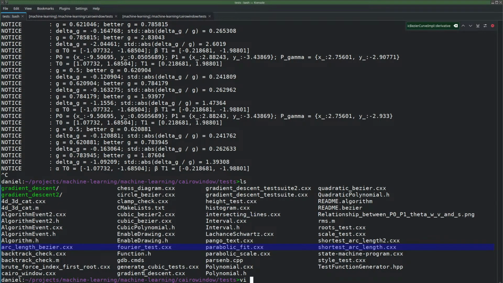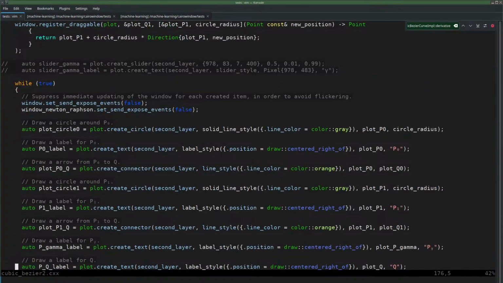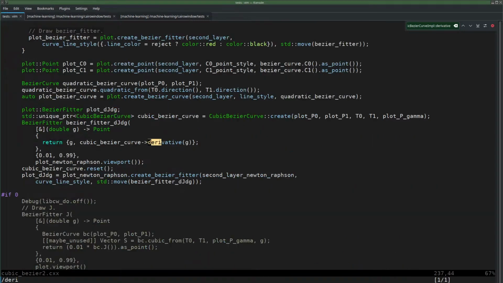Where is my test function? Cubic 2. Derivative.